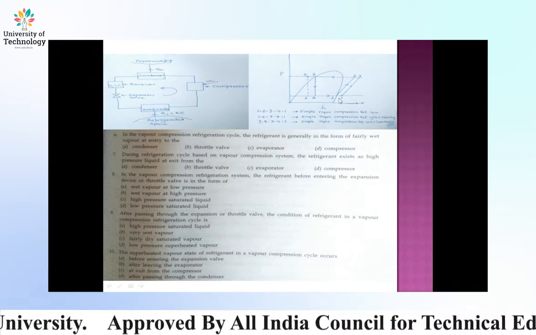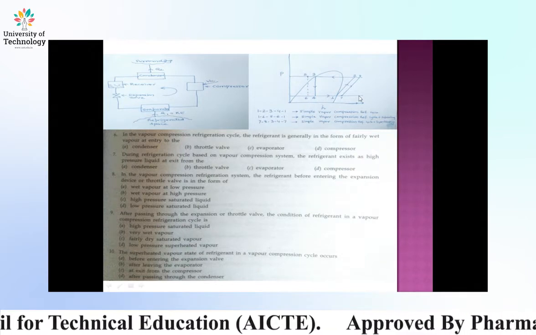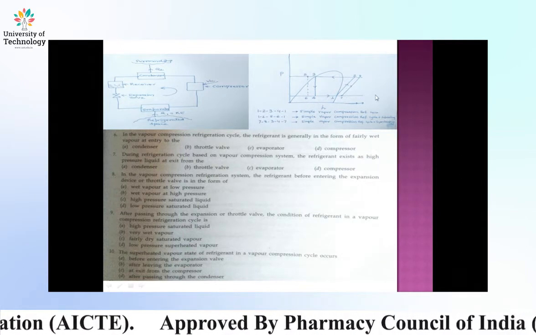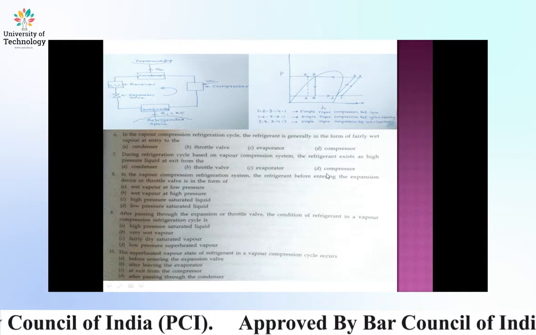This is the condenser pressure line. This is the evaporator pressure line. So high pressure is available at the exit of compression.